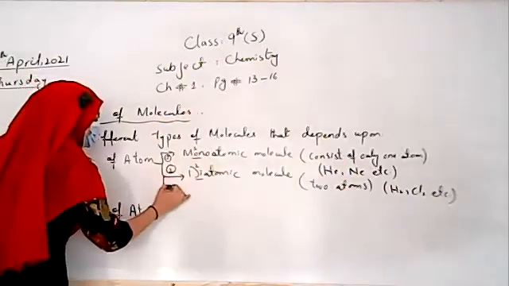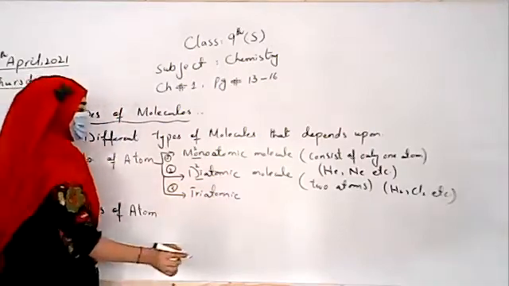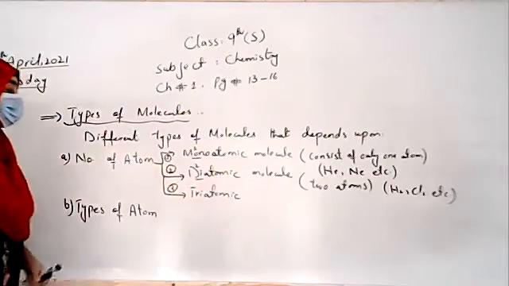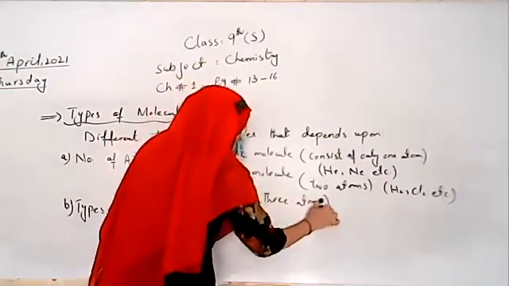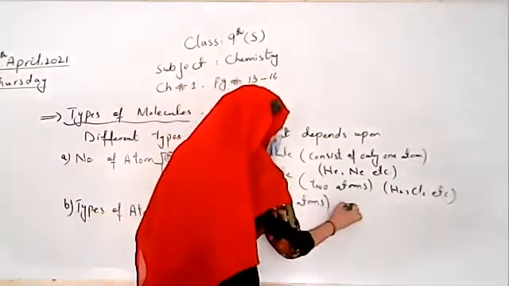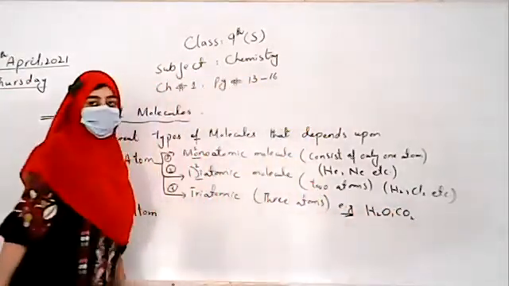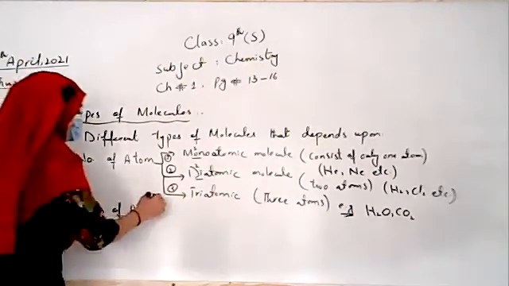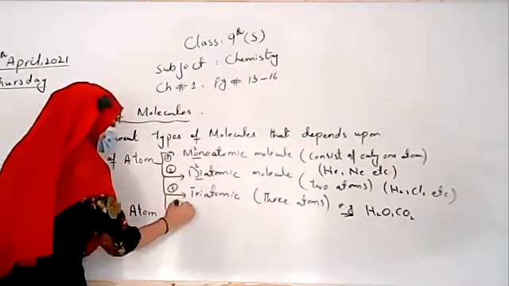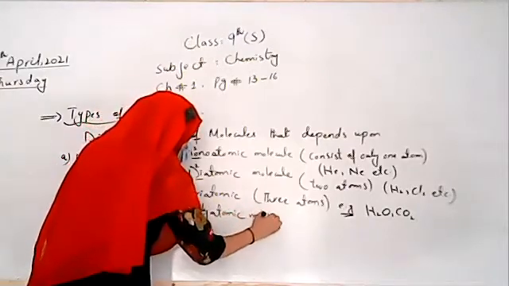Third one is the triatomic. Tri means three, atomic means atom. Triatomic molecules consist of only three atoms. For example, water, H2O, carbon dioxide, CO2. Now the fourth type is polyatomic molecule.